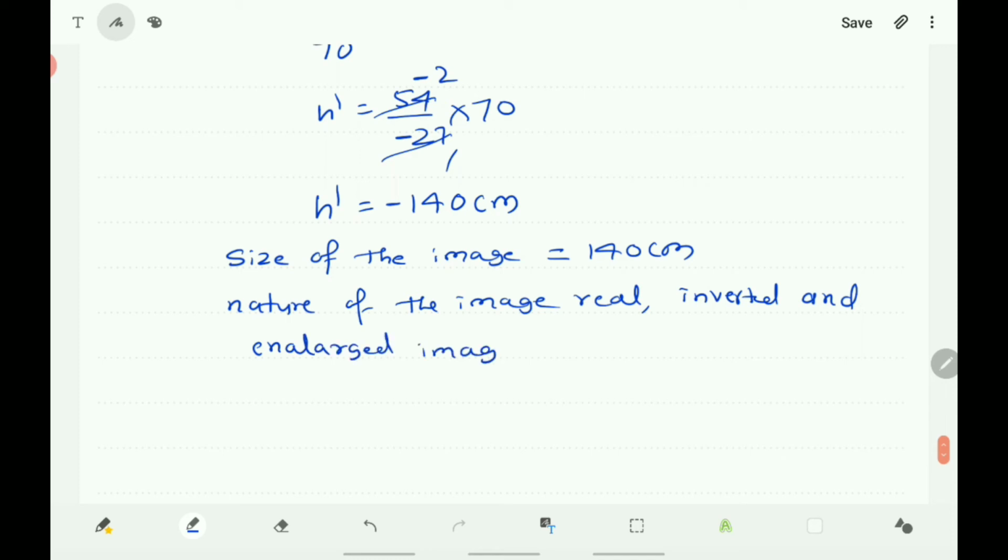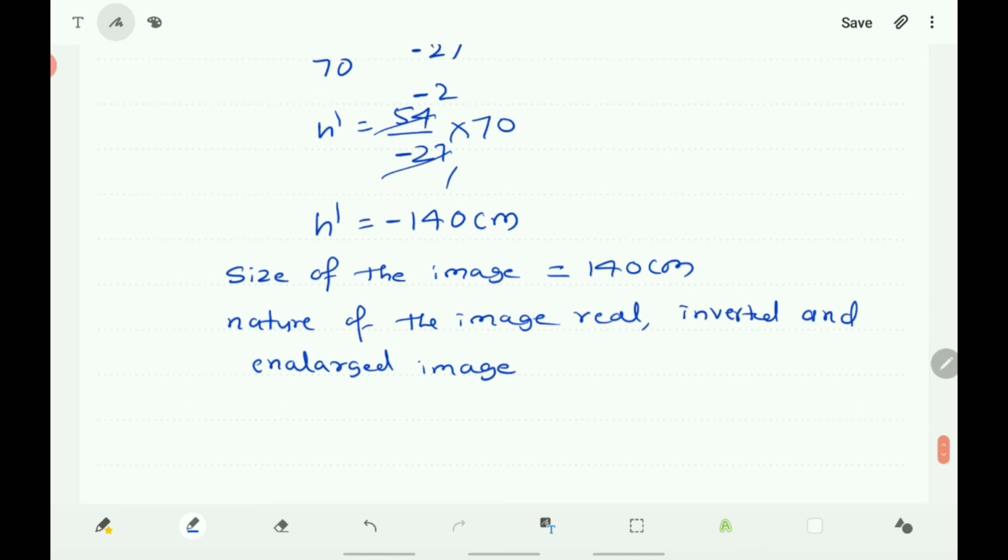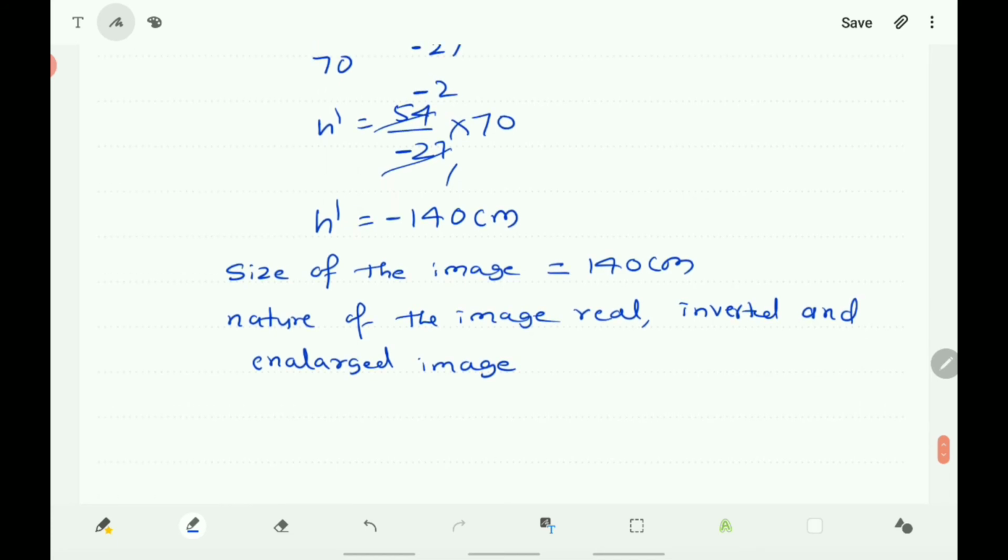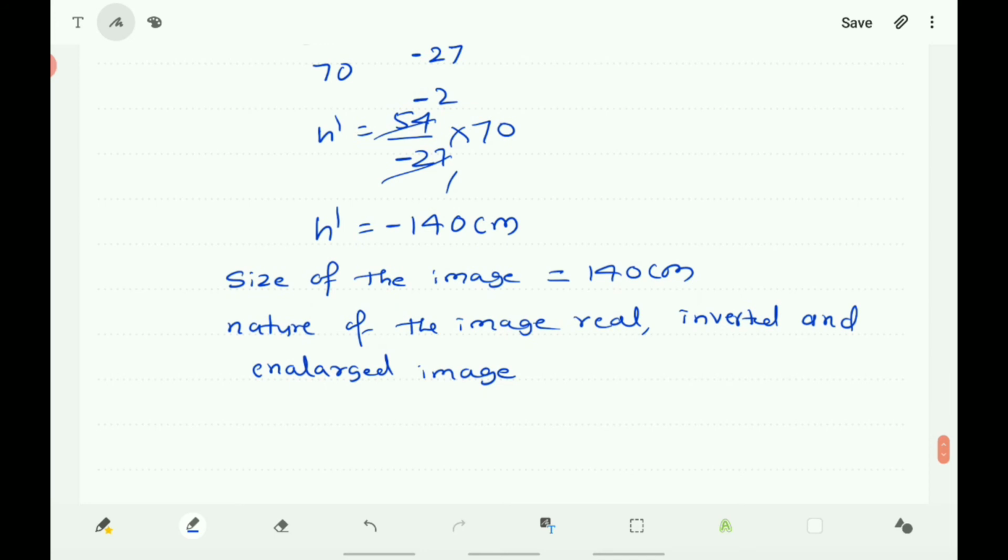And the next, size of the image is 140 centimeter. Nature of the image: real, inverted and enlarged image.